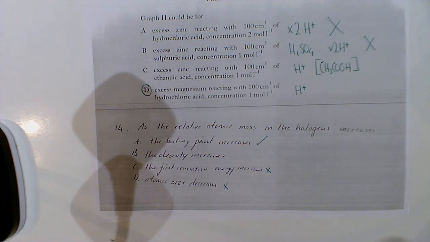Then we've got fluorine, chlorine, bromine. The density of bromine is 3.1, and the density of iodine is 4.93. So that's still increasing. And then we've got astatine, where it's unknown.